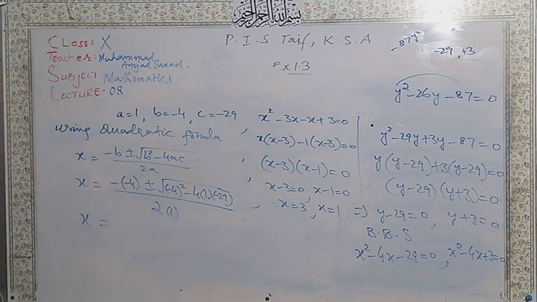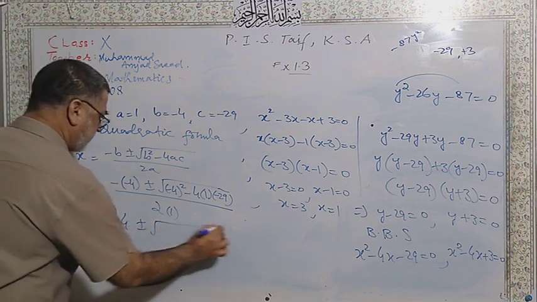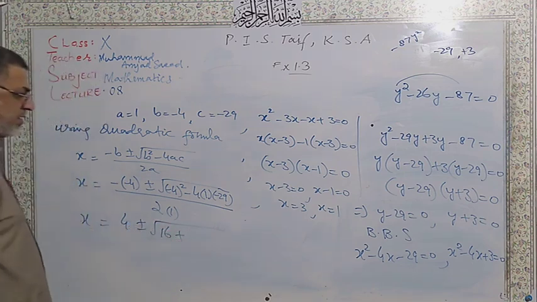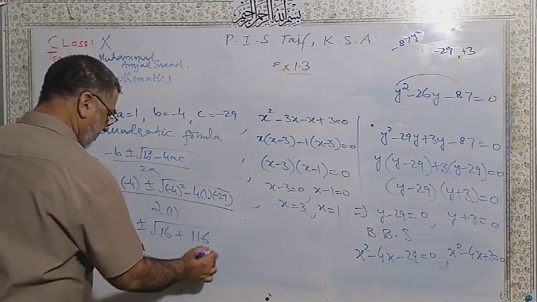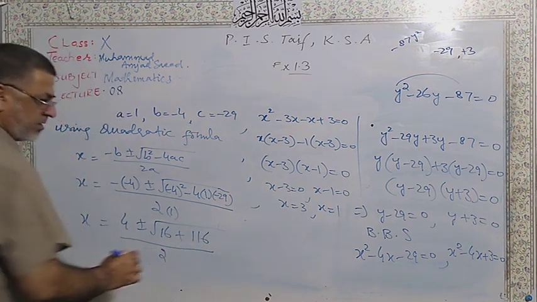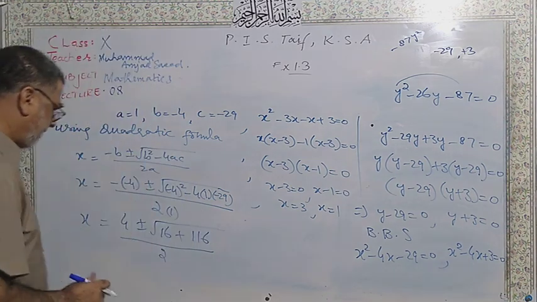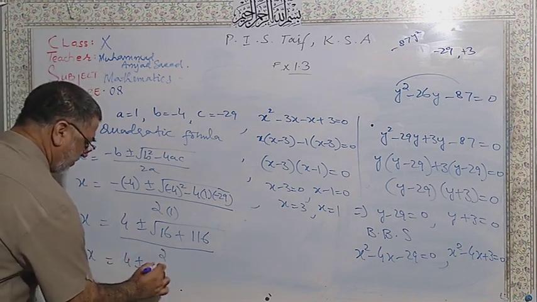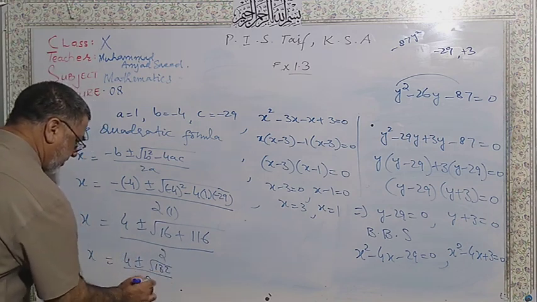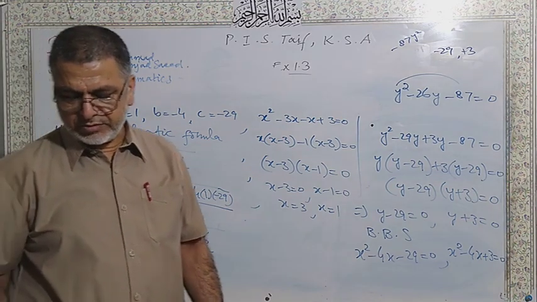So x is equal to 4 plus minus, this is 16 plus 116, and x is equal to 4 plus minus square root of 132 over 2.